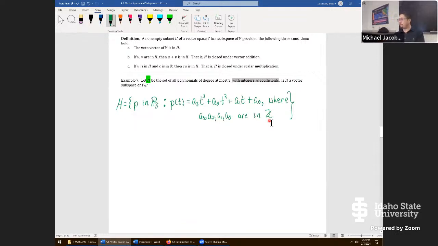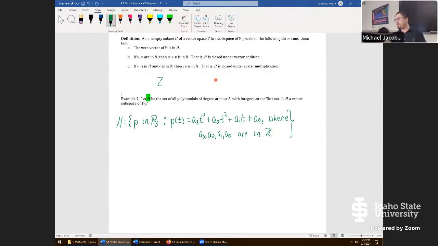And I believe it comes from the German word for integer or number. So if you ever see that symbol, it's written out this way as a set. So there it is, our set of all integers.